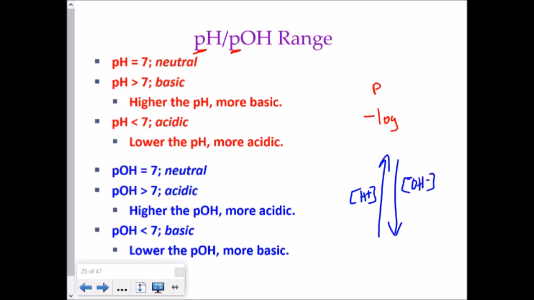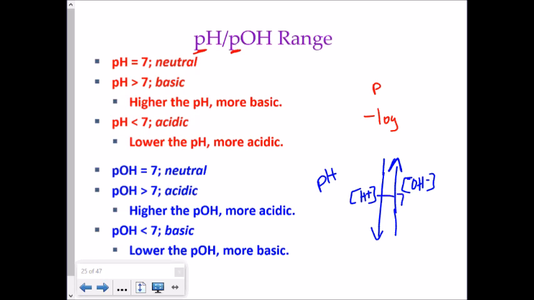Actually, I think I put my arrows the wrong way. Okay, so increasing the hydrogen concentration, like here would be the pH scale, like here is 7.